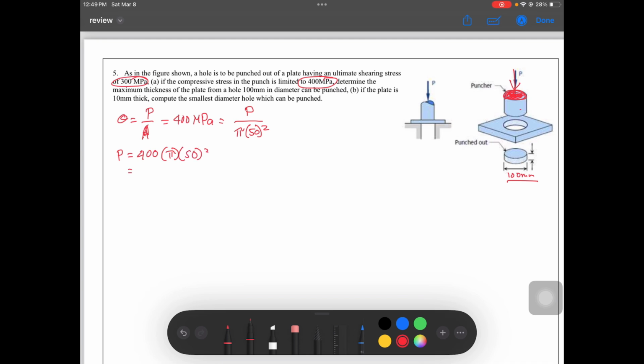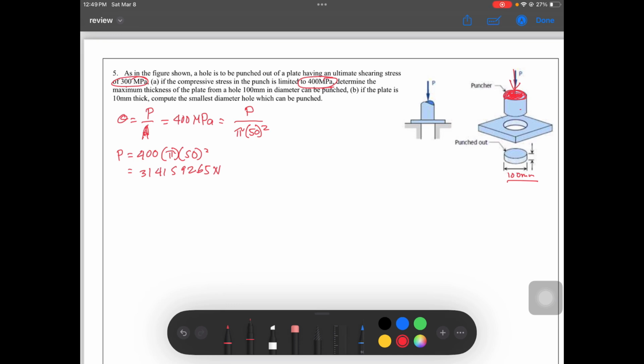Our P is equal to... So, yan ang compressive stress with 100 mm diameter and yung compressive limit na 400 MPa.